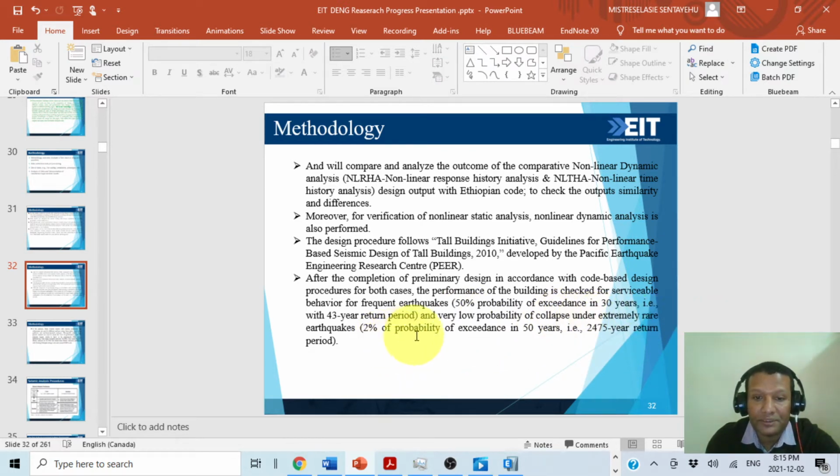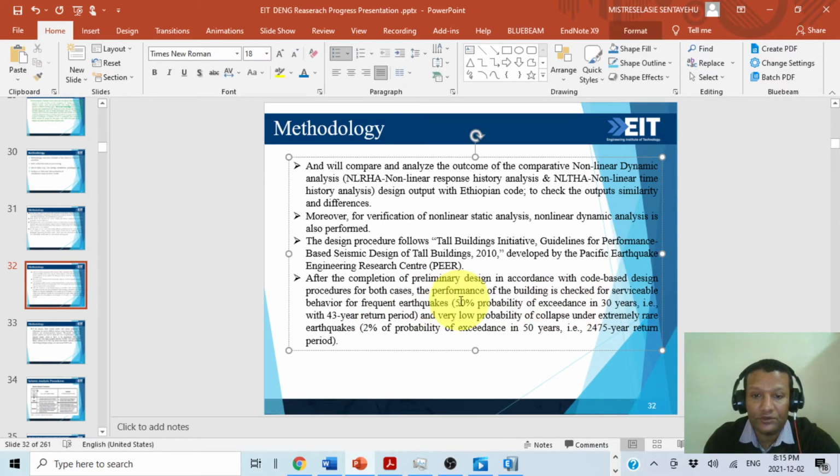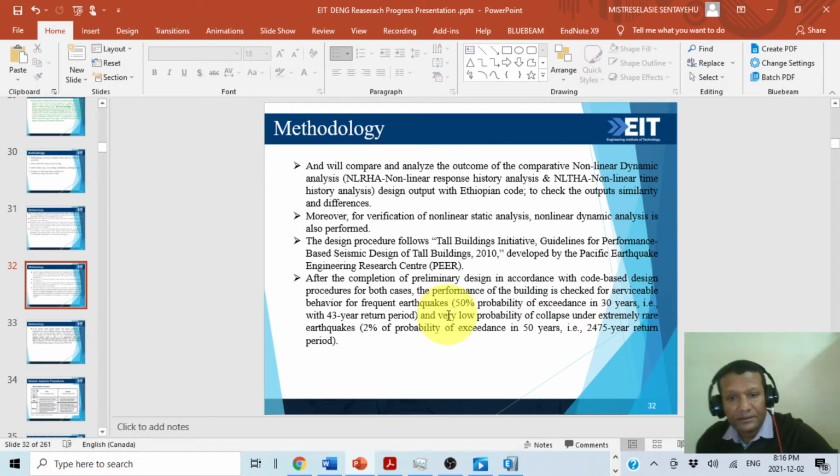This is 2% probability of exceedance in 50 years. This one is in the Ethiopian building code, but now they have also incorporated 10% in 50 years.